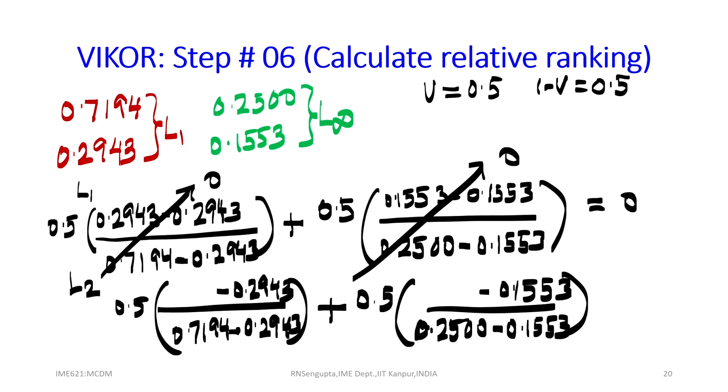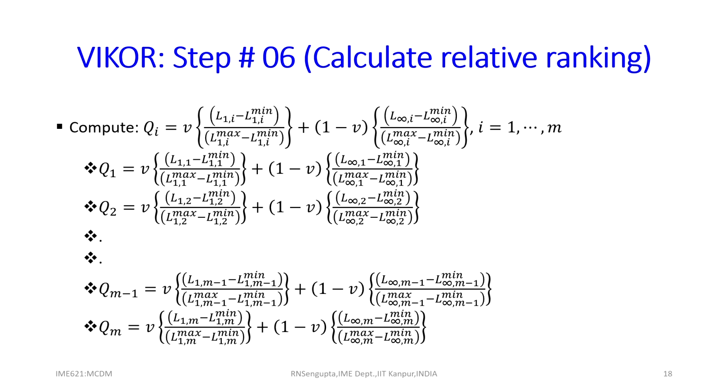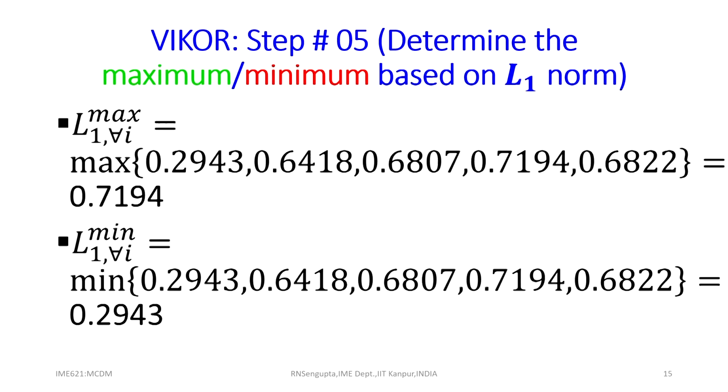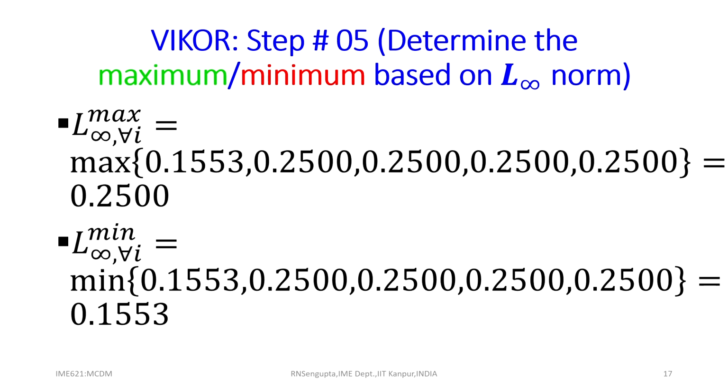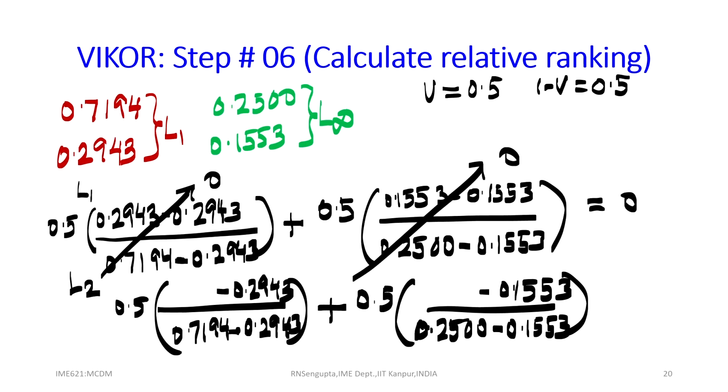So, if I consider for the second one, it is 0.6418 and 0.255, 0.6418 and 0.2500. So, I find out this value.